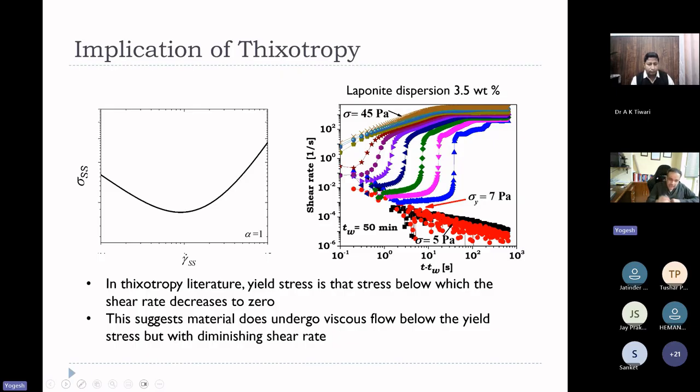What is plotted on the vertical axis is the shear rate induced in the material, and on the horizontal axis is time. When you keep the material between two plates and apply shear, shear rate does get induced in the material, an extremely small value, but that shear rate continuously goes on decreasing as a function of time.